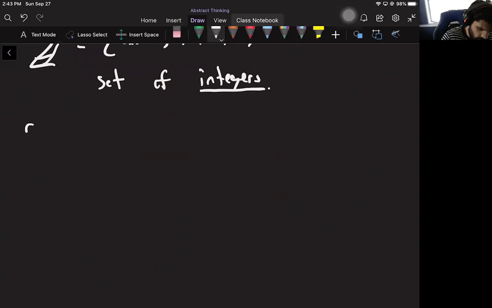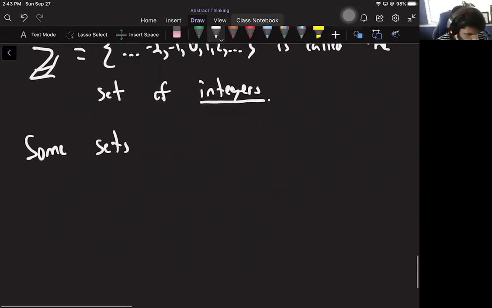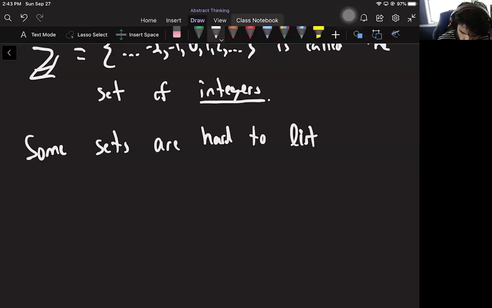But first, we have to realize that actually some sets are really hard to describe through listing. So we need a better notation. Some sets are hard to list out elements for. And in fact, some sets you cannot list all out.